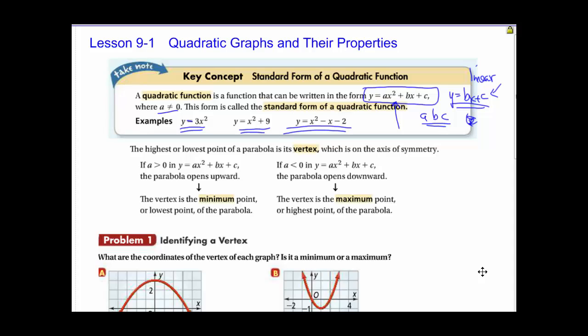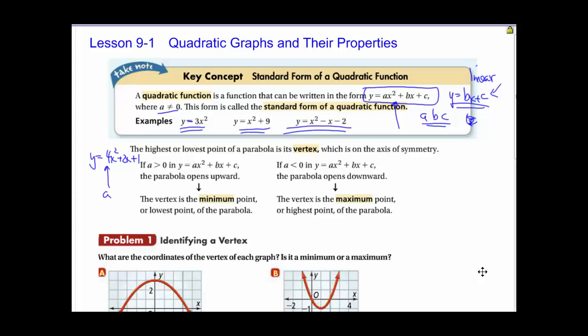For instance, we're going to get a parabola, if the a term, the coefficient right next to the x squared, if a is greater than 0, for instance, if we have y equals 4x squared plus 2x plus 1, this coefficient right here is the a term.